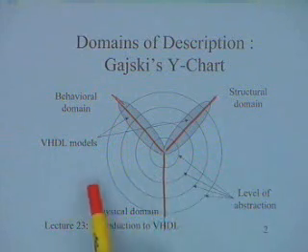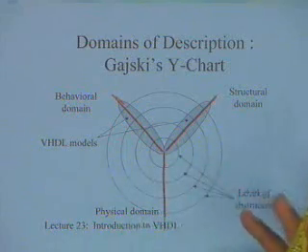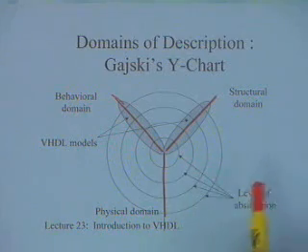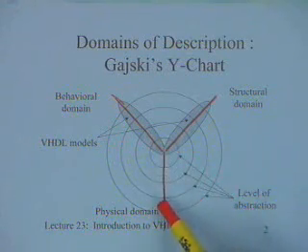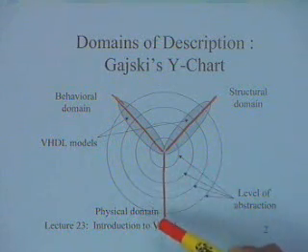In a physical domain, it could also involve how a circuit is composed of printed circuit boards, or how it is decomposed in terms of ICs, what type of connectors are used, what type of wires are used. After all, in an actual system, even all these things are important.